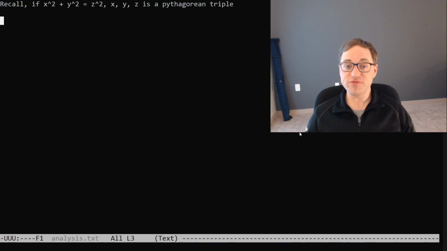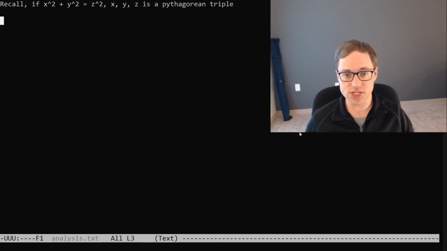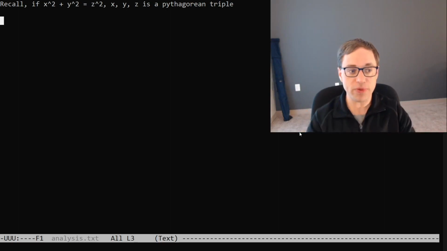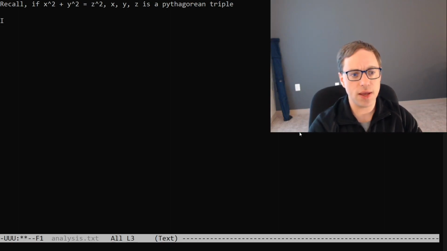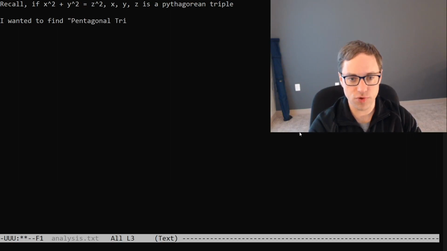And there's a formula for generating these triples. If you want a Pythagorean triple, you don't have to guess and check. You can just plug in some numbers and it'll give you a Pythagorean triple. And so I wanted to find what we'll call pentagonal triples.